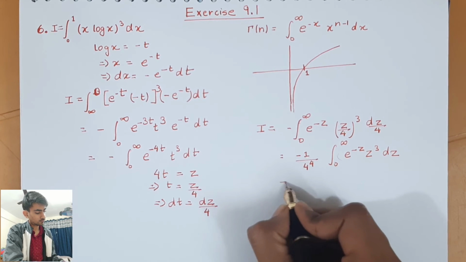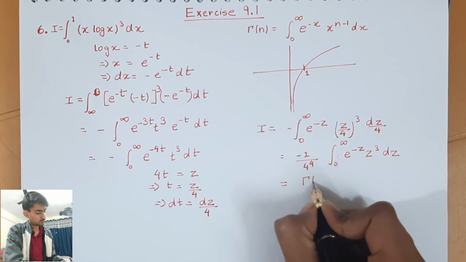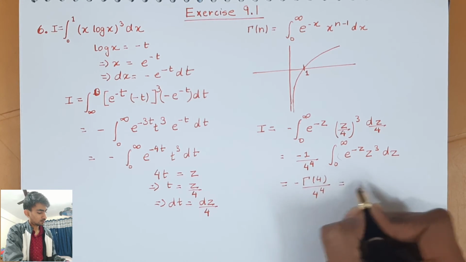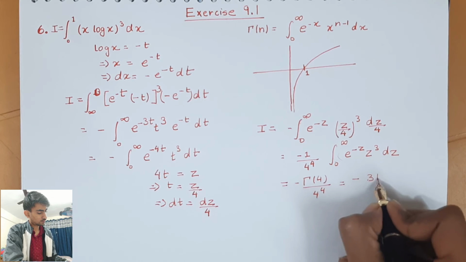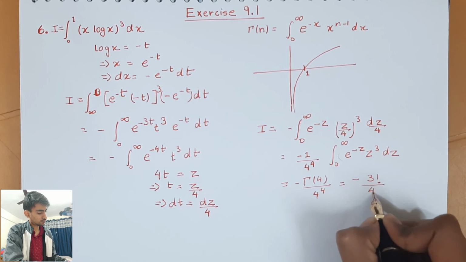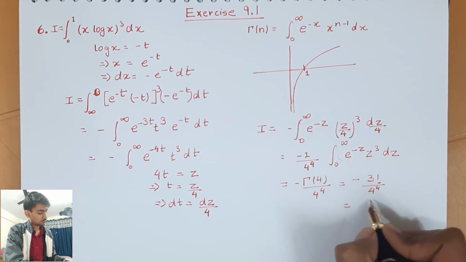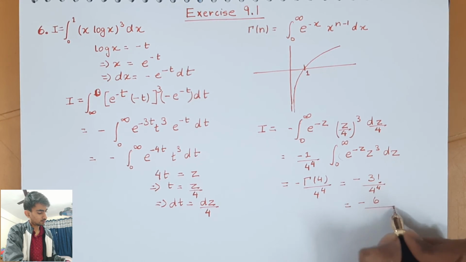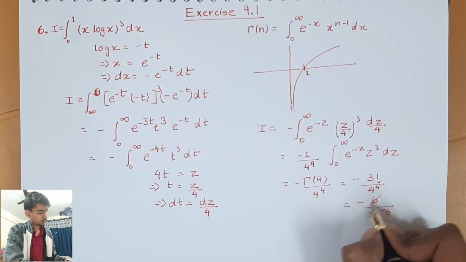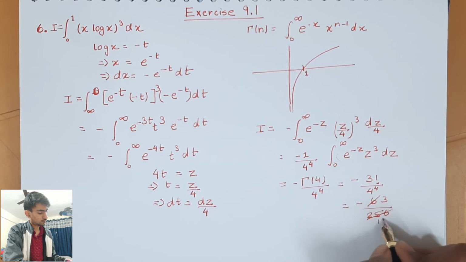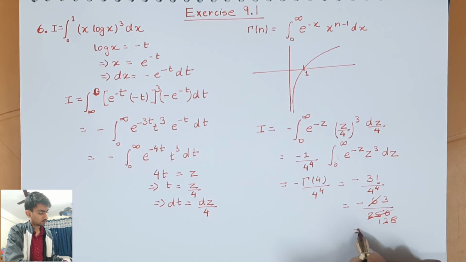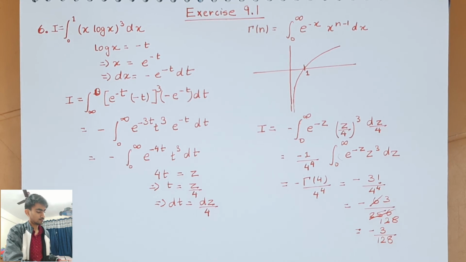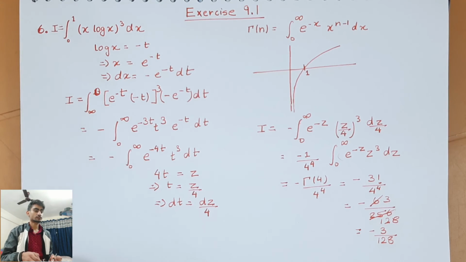So gamma of 4 is equal to minus gamma of 4 by 4 to the power 4, and it is minus 3 factorial divided by 4 to the power 4. 3 factorial is 6 and 4 to the power 4 is 2 to the power 8, that is 256, and 2 is getting cancelled, 128. So the answer is minus 3 divided by 128. That's your answer.